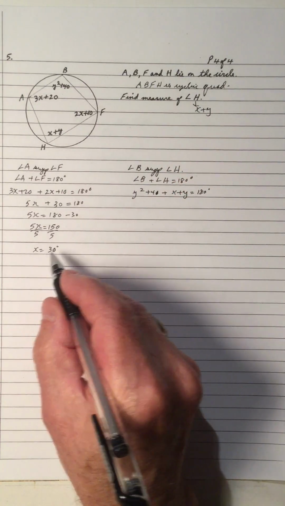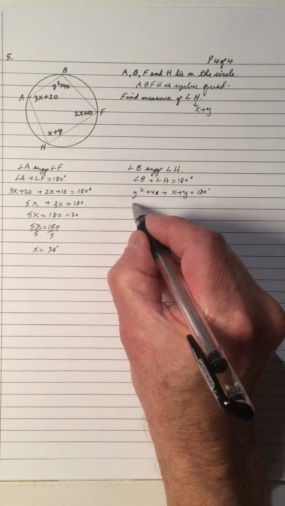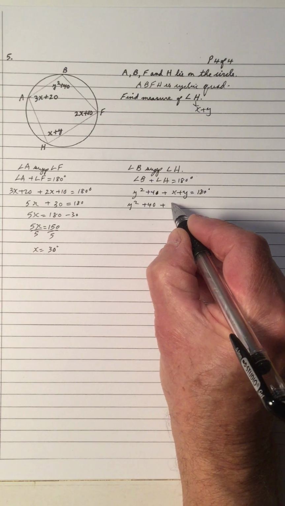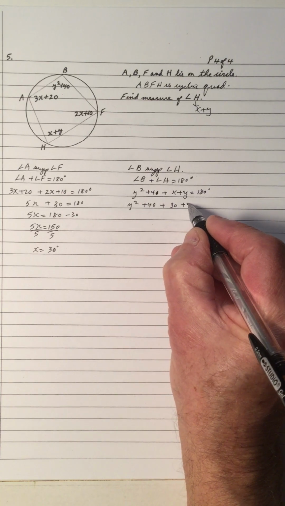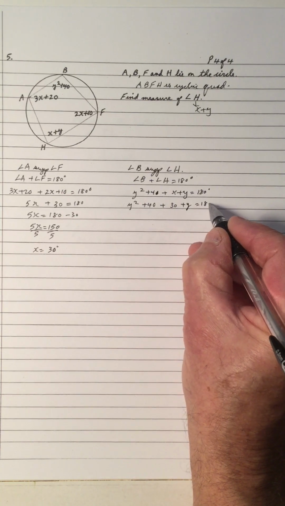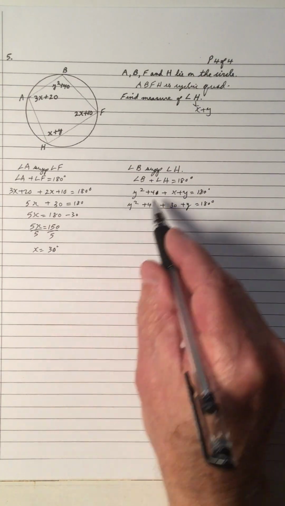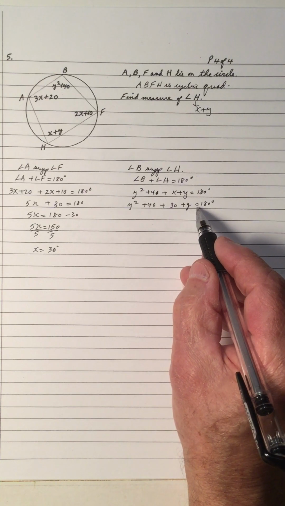So I found x. Now if I sub x in here, y squared plus 40, add on x, which is 30, plus y equals 180. Because I have x here, I can sub x in and I have an equation with all y's.